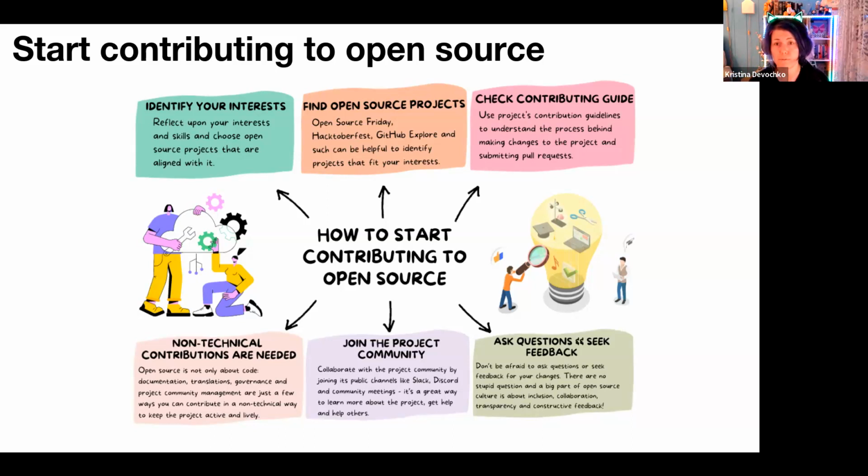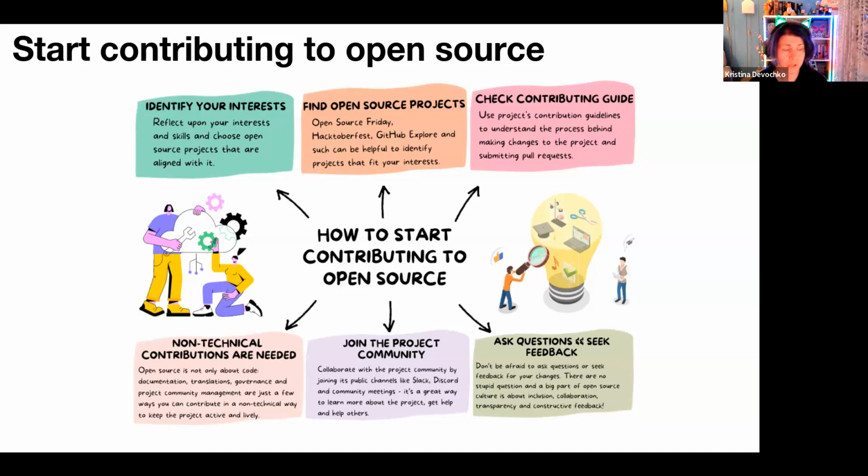Check out the amount of issues and pull requests so that you can understand if the project is alive and actually has contributors, because there are also projects that have unfortunately become stale and haven't been maintained for some time, and this is also something that happens in open source. So to avoid any further confusion for yourself, a good place to start is just to check how active the project is and how well documented it is for how you can start contributing.